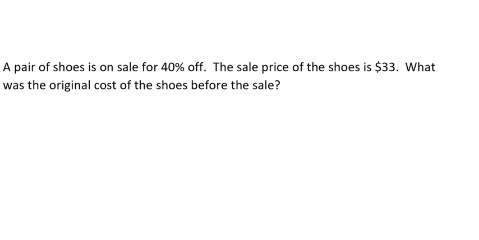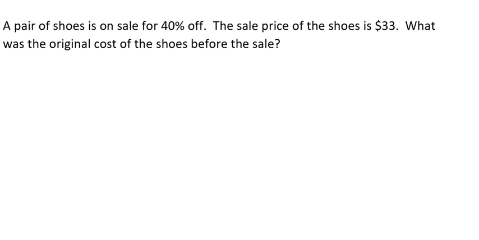In our next example, we have a pair of shoes on sale for 40% off, and the sale price of the shoes is $33. What is the original cost of the shoes before the sale? We're going to use our percent equation again: A equals P times W, so part equals percent times whole.